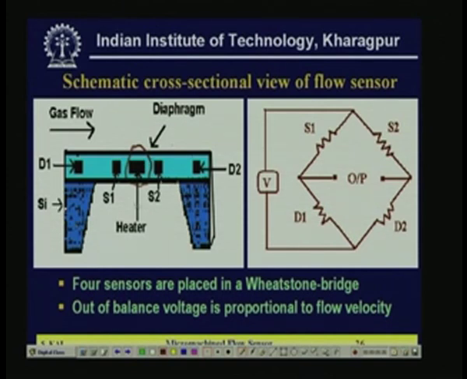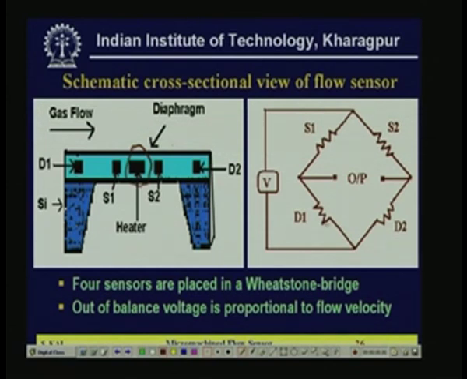The heater is placed at the middle, and D1 and D2 are far away from it, so these 2 resistances basically measure the ambient, and since they are far away from the heater, they are not going to change.